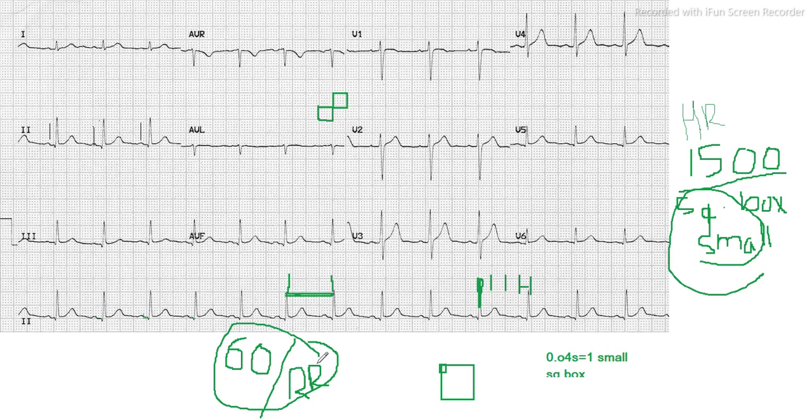So 60 divided by 18 times 0.04 will be the heart rate. This is one way to find the heart rate.